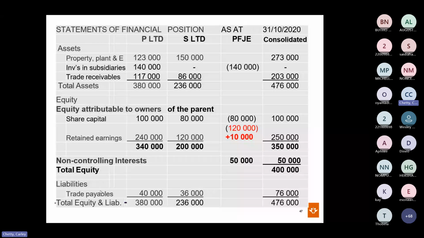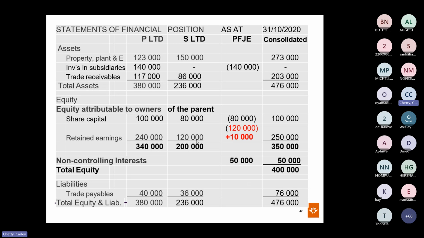Then we have trade and other payables. Pty Limited had 40,000 Rand and S had 36,000 Rand, and this gives us a total of 76,000 Rand in the consolidated financial statements. Okay, so this is our consolidated column.